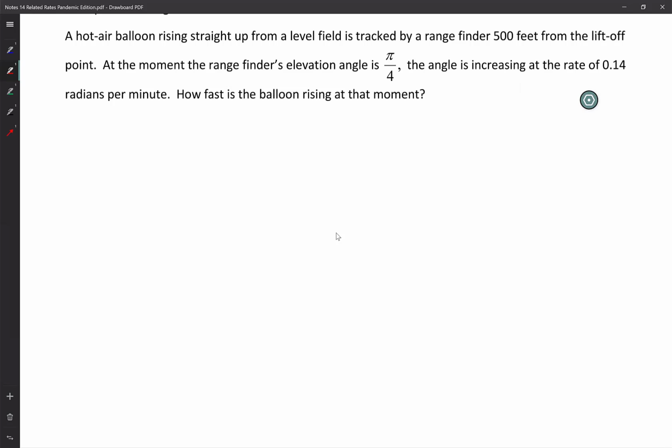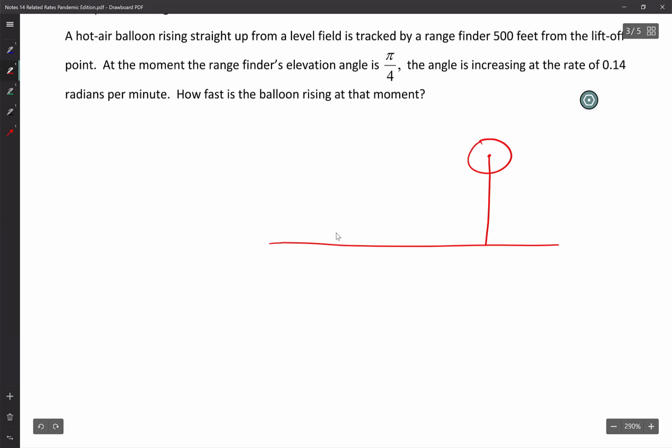All right, so let's draw a picture of what we have. So here's the ground, and here's my hot air balloon. I'm going to say that's the center of that balloon there. And here's my rangefinder. I have some angle.